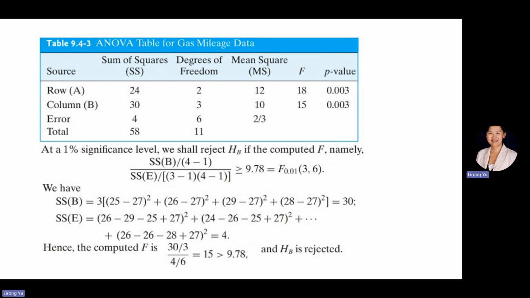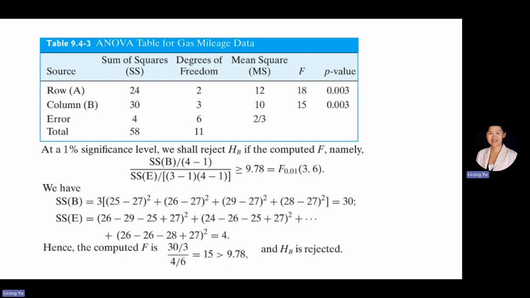Okay, so 4 divided by 6 and 30 divided by 3. So we have 15. The degrees of freedom for the F statistic are 3 and 6. The alpha is 0.01. We get 9.78. The calculated F is 15 after the division. 15 is higher than 9.78.